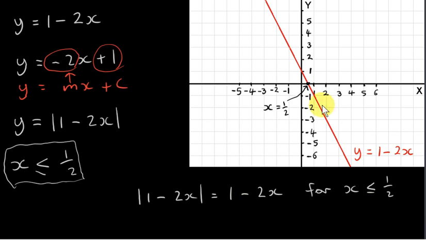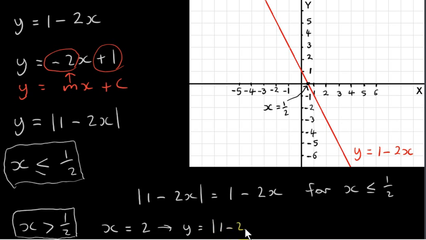However, things look different for values of x greater than a half. So let's take a value greater than a half. Let's look at x equals 2. This value here. Well, y is the mod of 1 minus 2 times 2. So we're working with our new function now. Well, this is the mod of 1 minus 4, or the mod of minus 3. But the mod of minus 3 is plus 3.